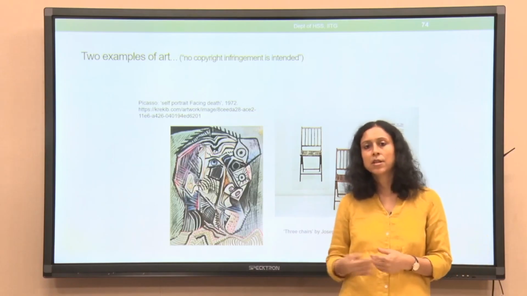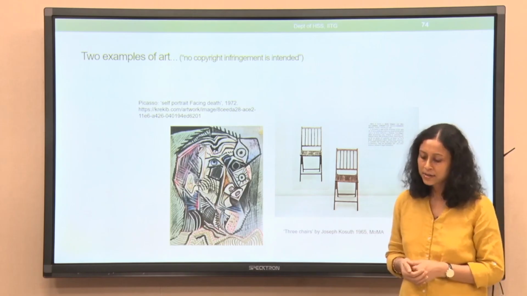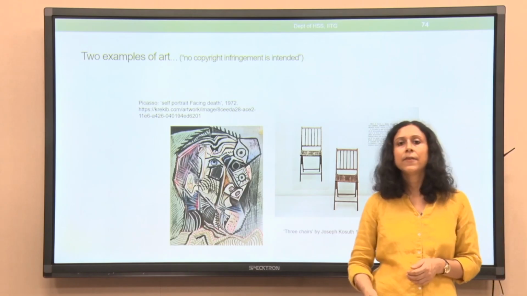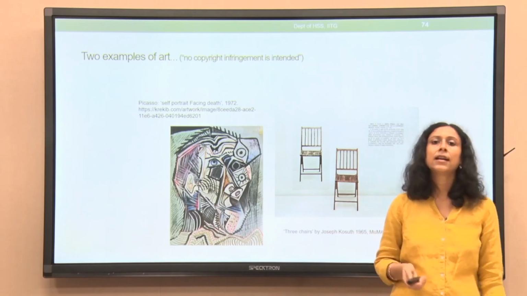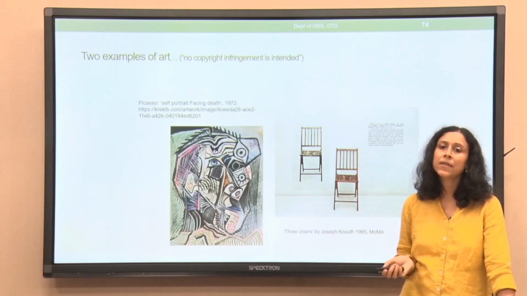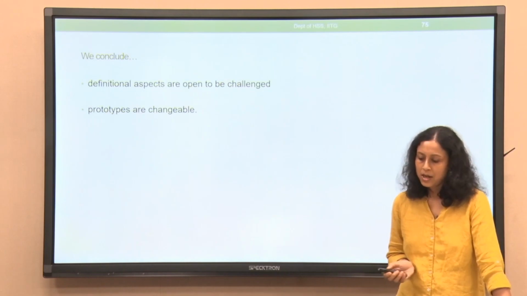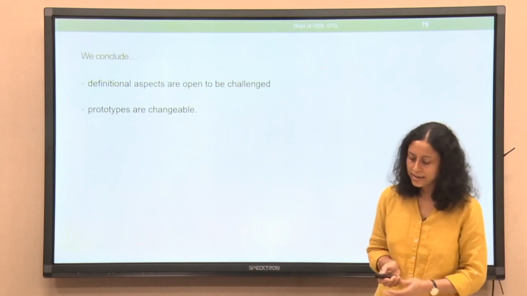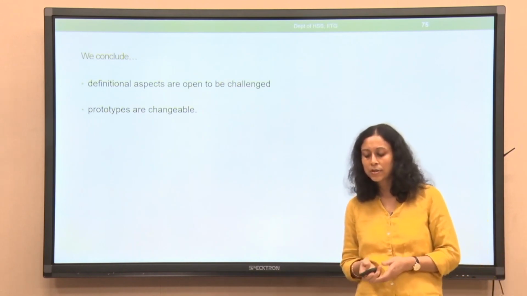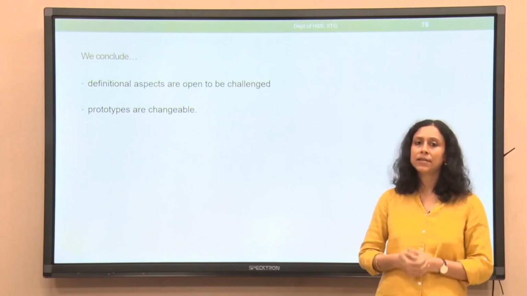But if you turn to abstract notions like art, music and many other such notions, you will see the fundamental idea that a concept must have a set of features that define them is completely denied by such kinds of categories. So, we can conclude that even the definitional aspects of a category can be challenged.